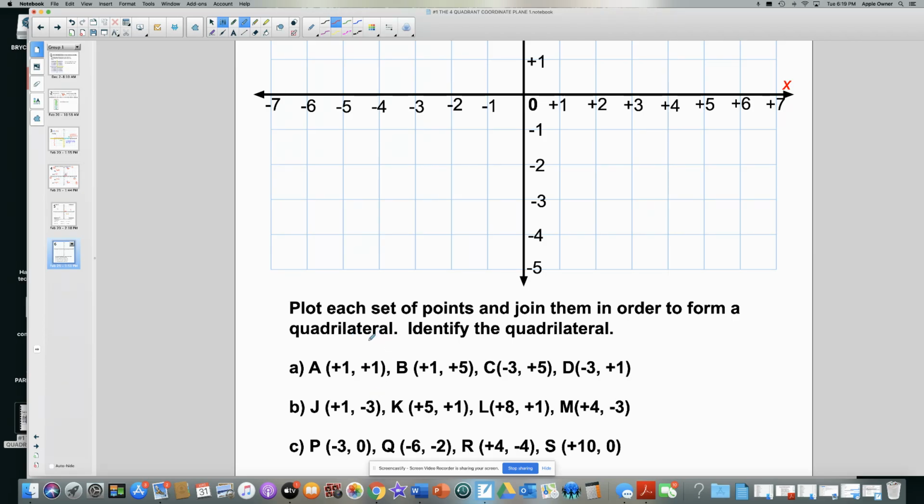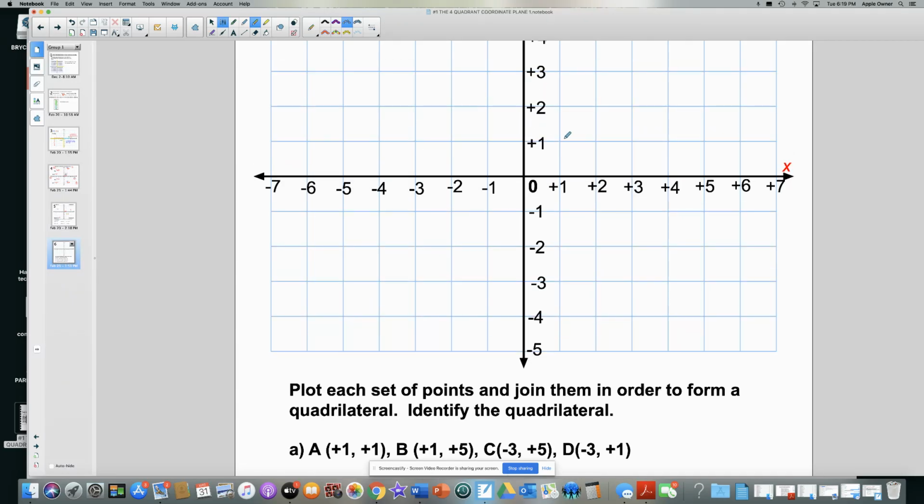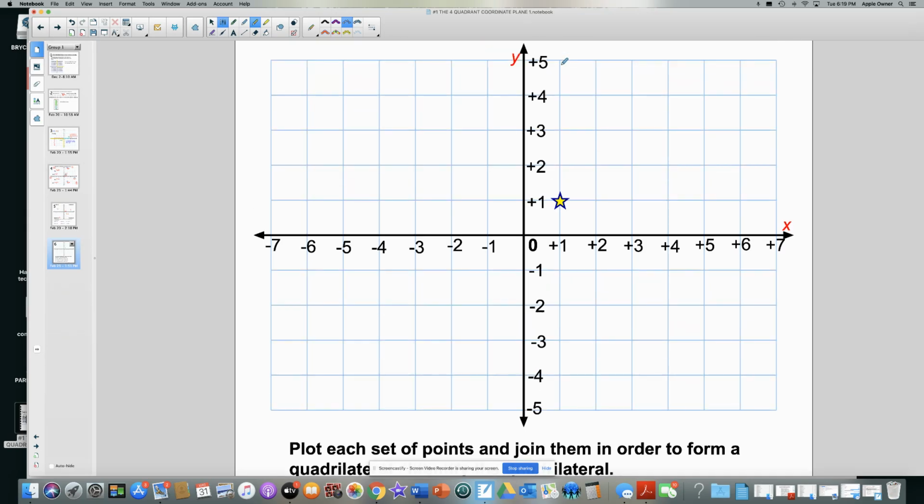So let's see if we can do that for the first one. Why don't we use smileys this time, see if it'll come up. We'll use stars this time. Okay. A is 1, 1. B is 1, +5.